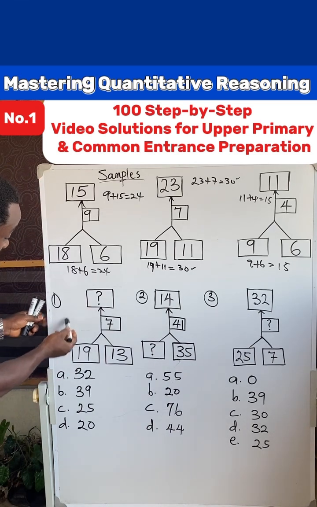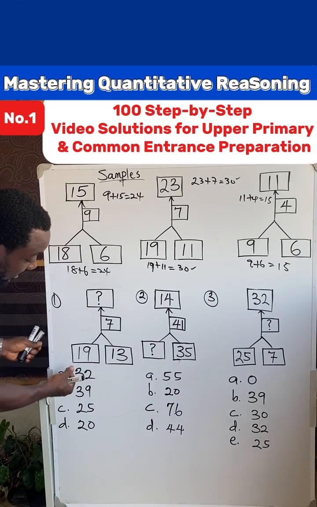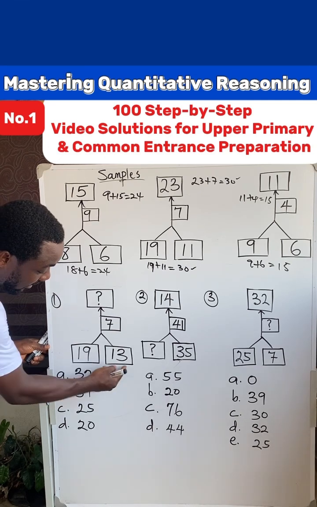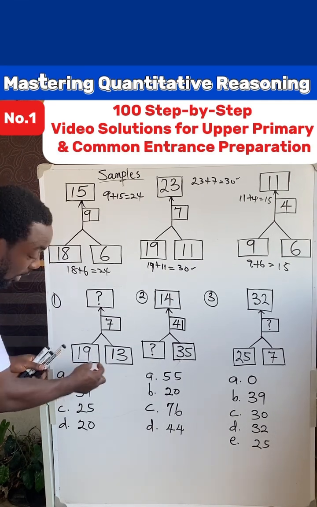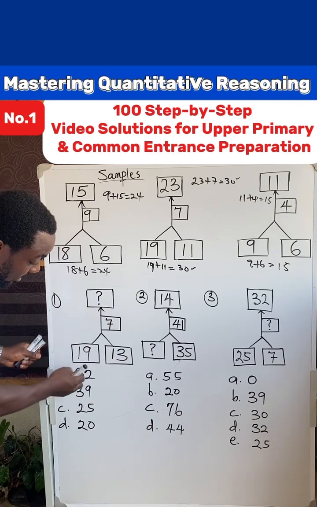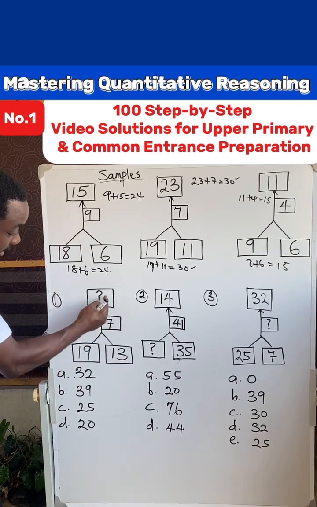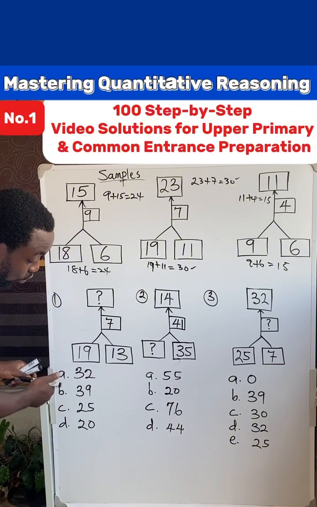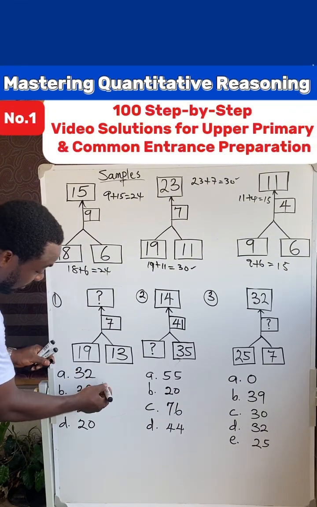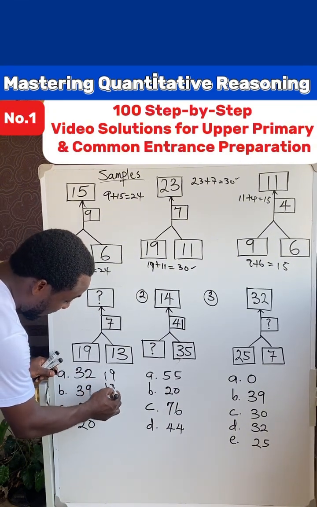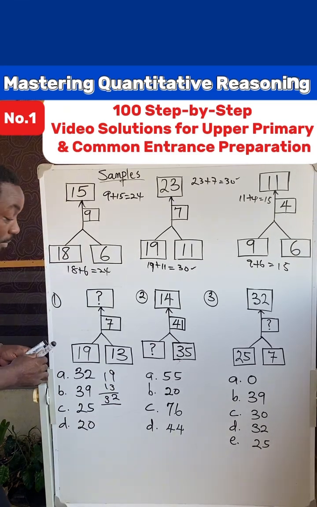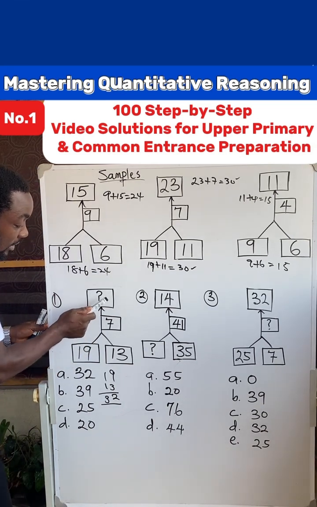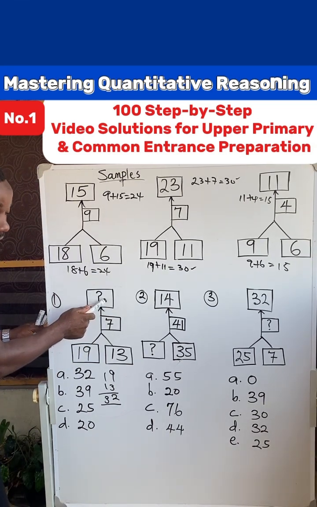Now, let's look at number 1. First I add the pair that is complete. 19 plus 13 is 32. It means 7 plus this box should also give me 32.